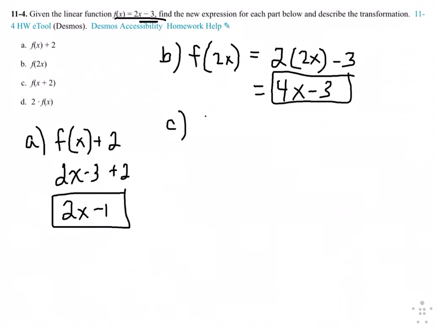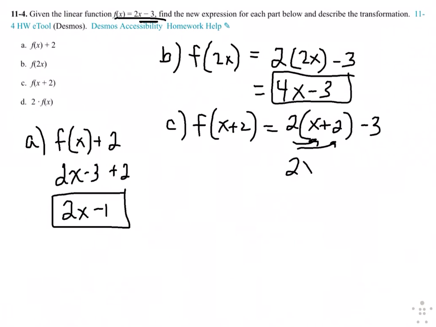For C, they want f of x plus 2, so we're going to replace x with x plus 2 this time. So it's 2 times x plus 2, and we distribute and get 2x plus 4 minus 3, or 2x plus 1.